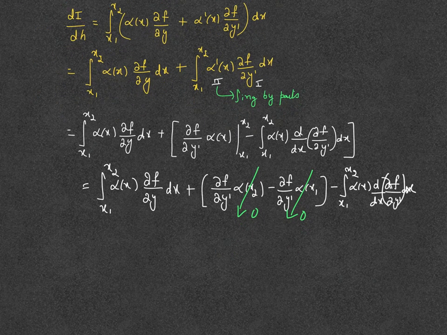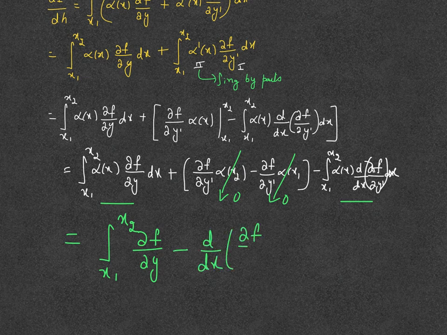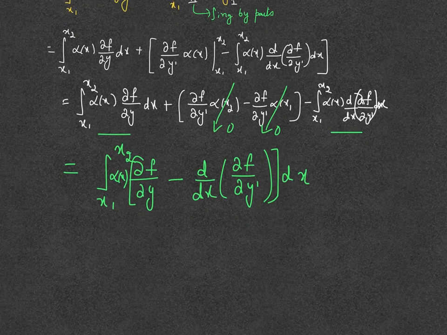So therefore you can write, combining both the remaining integrals, between the limits x1 to x2, and alpha x is common there, we get dou f by dou y minus d by dx of dou f by dou y dash dx, and alpha x is common here. But this is what di by dh is.